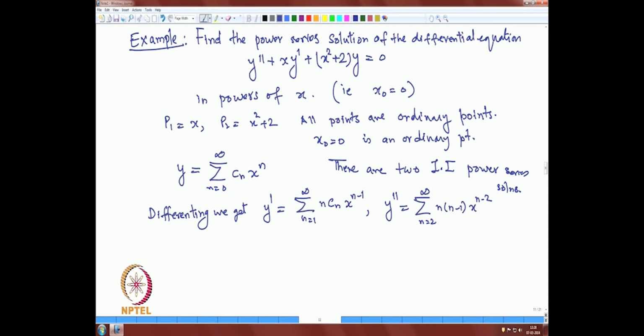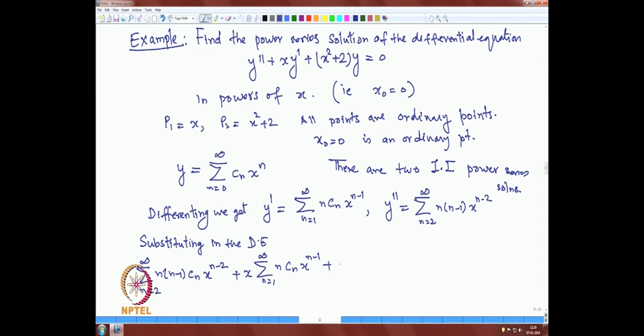Now, plug in these values into the given differential equation. So, substituting in the differential equation, we get summation n into n minus 1 Cn x to the power n minus 2, the first term, where n goes from 2 to infinity, and the second term is x into y prime, which is x into summation n goes from 1 to infinity n into Cn x to the power n minus 1.